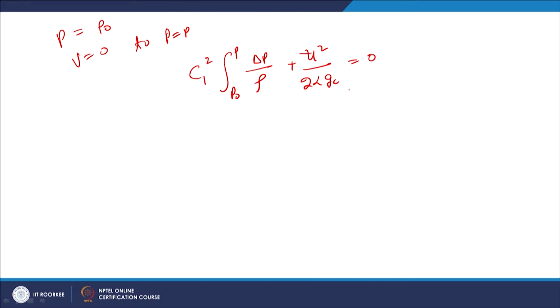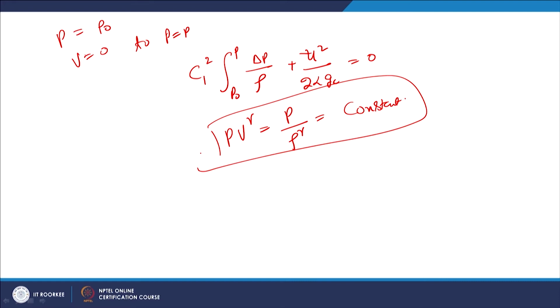For any ideal gas undergoing isentropic expansion, we have this universal equation: P V to the power gamma is equal to P upon rho to the power gamma is constant. This is the well known thermodynamic equation.